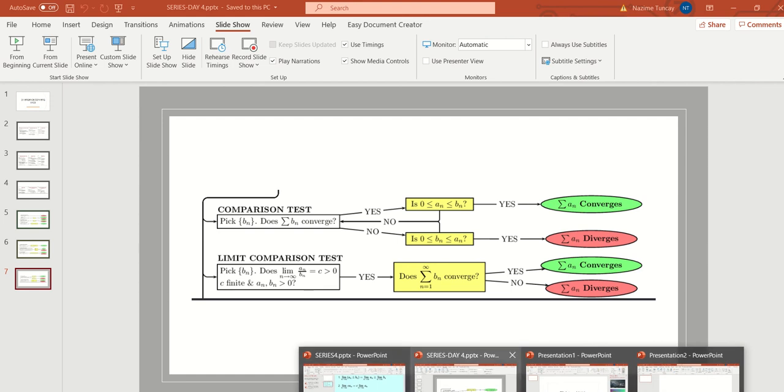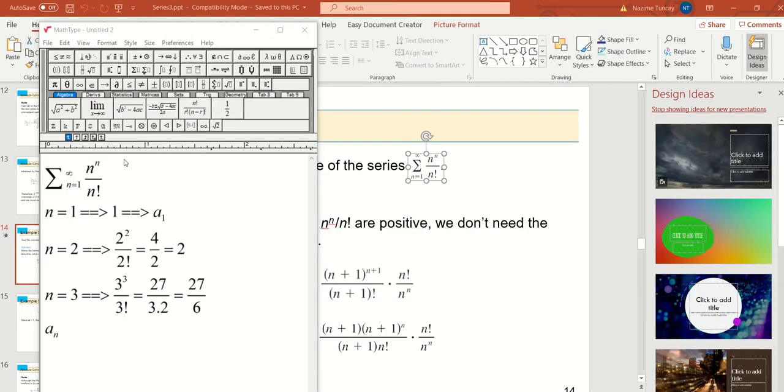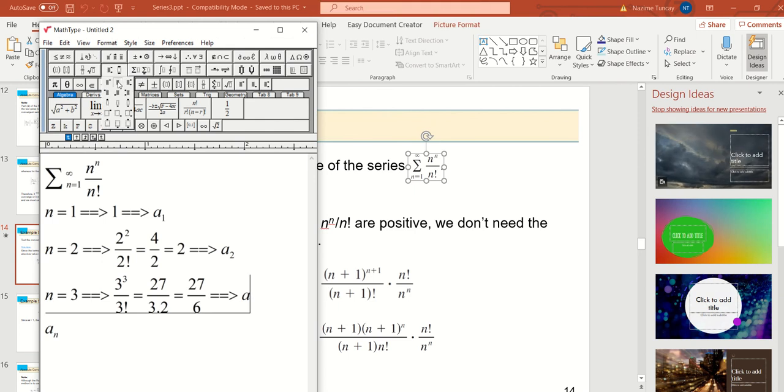Okay, so I'm not going to show these ones, and I'm going to open some other tests. In this series, this is the first term A1, this is the second term A2, and this is the third term of this series, A3.